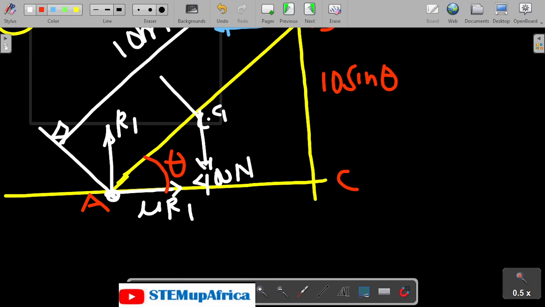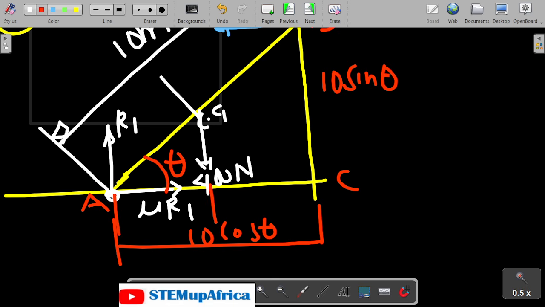Then our AC will give us 10 cos theta. Then the weight of this ladder acts at its middle, from here to here, which is half of it, 5 meters.